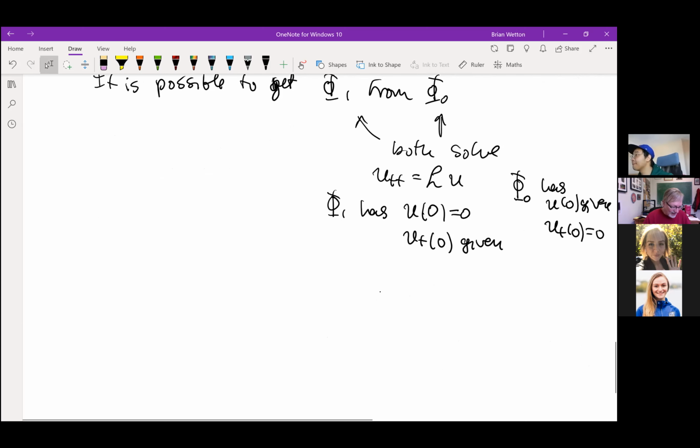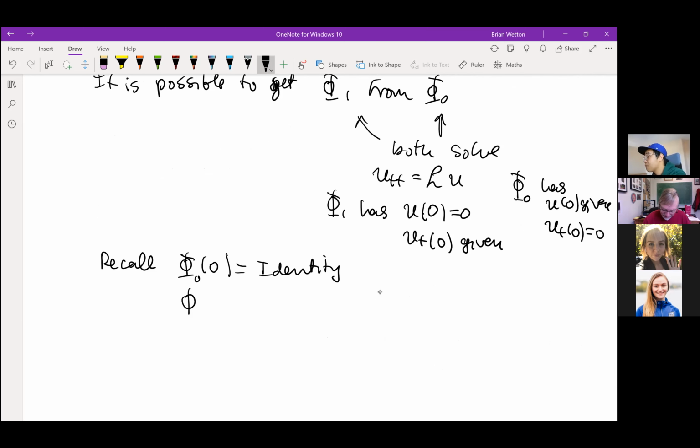Okay, and let's recall that phi0 at 0 is the identity, and phi0 prime at 0 is 0, right? That's to match these initial conditions. And phi0 double prime times anything is L phi0 times anything.